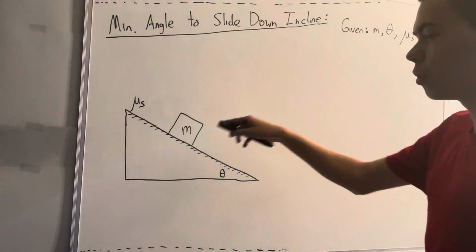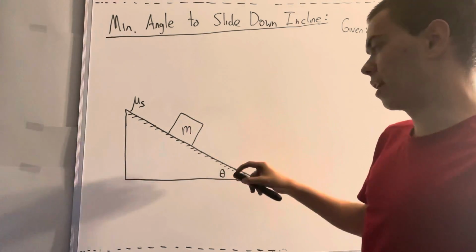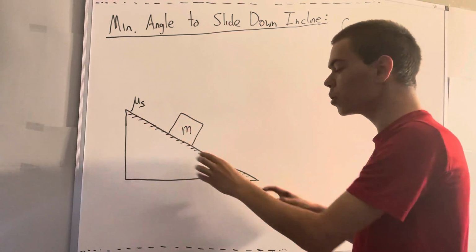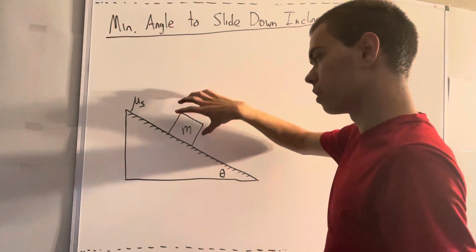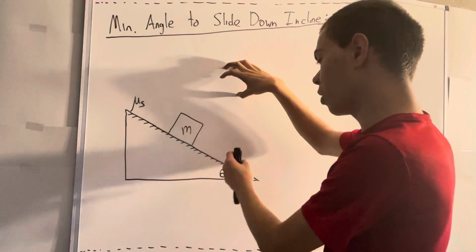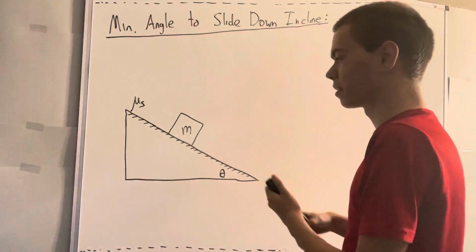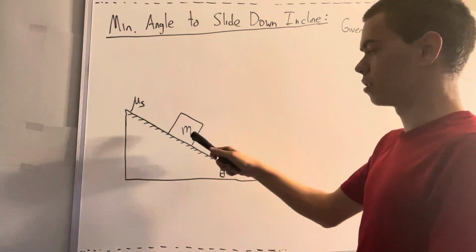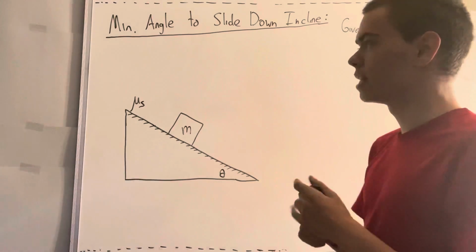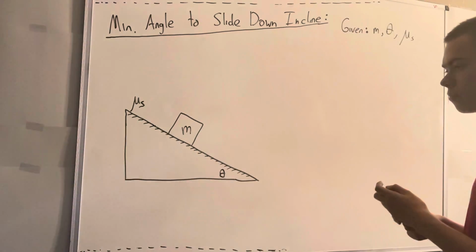Now, the block isn't going to slide down the incline because of static friction. But if we were to increase the angle of incline, then eventually this block would be at such a high angle of incline that it will slide down, right? And so what is the minimum angle required to make this block slide down the incline? That's basically what we're going to figure out.